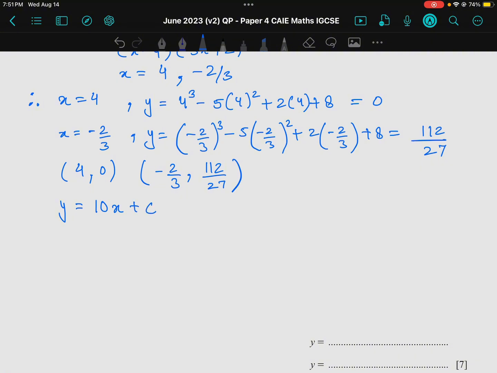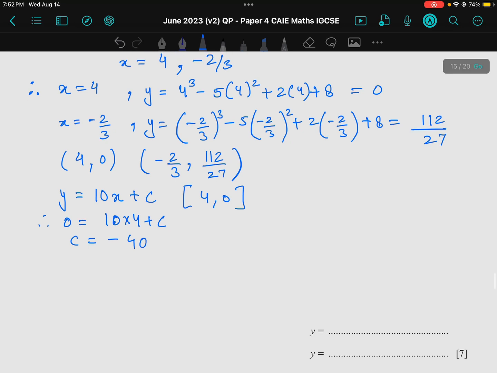Now, when you put the values 4, 0 for x and y, therefore y equals 0 equals 10 into 4 plus c. That means the value of c is coming out as minus 40. So therefore y equals 10x minus 40. This is the first equation.